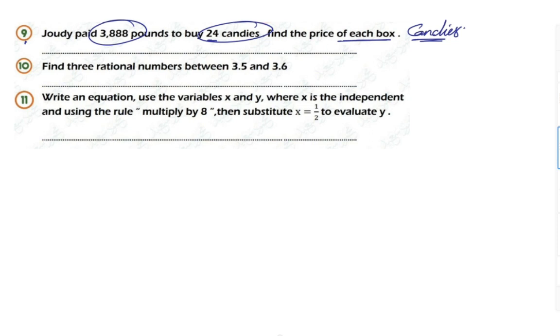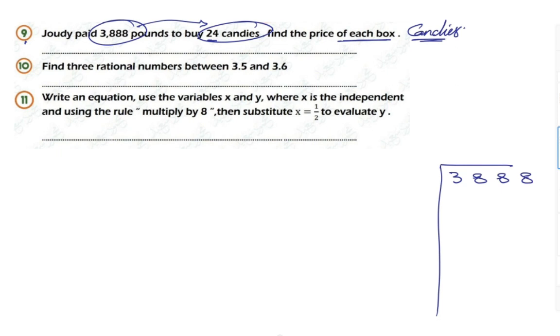Just divide the total price by the number of candies and you find the price of each box. We have a big number divided by a two-digit number, so I need to use long division. That's easy. Just draw 3,888 like this.